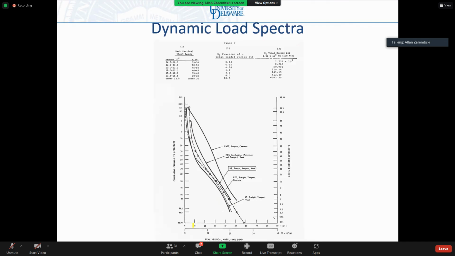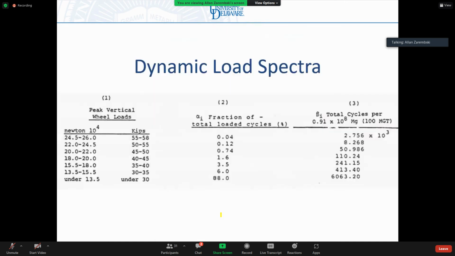So if I break this up into load categories, which I do over here a little bit just so it's easier to read, you can see that the range of roughly 25 times 10 to the 4th, oops, so it's 250 kilonewtons, I said meganewtons. 250 kilonewtons occurs about 0.04% of the time, and roughly 230 kilonewtons appears about 0.12% of the time, and about 19 kilonewtons appears about 1.6% of the time, and 88% of all my load is under 135 kilonewtons.